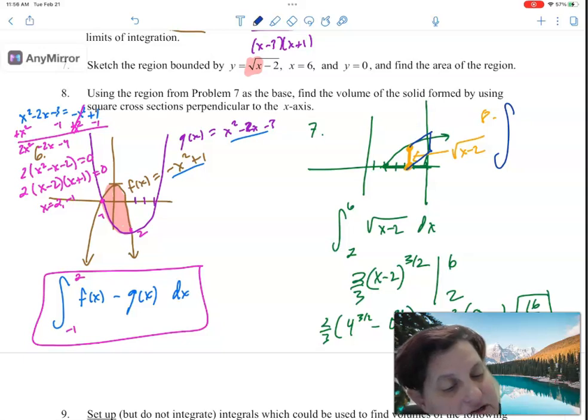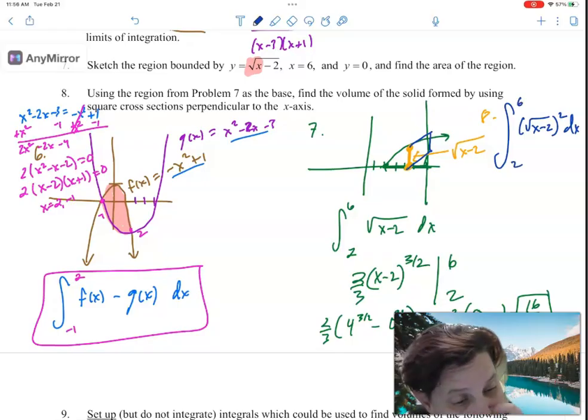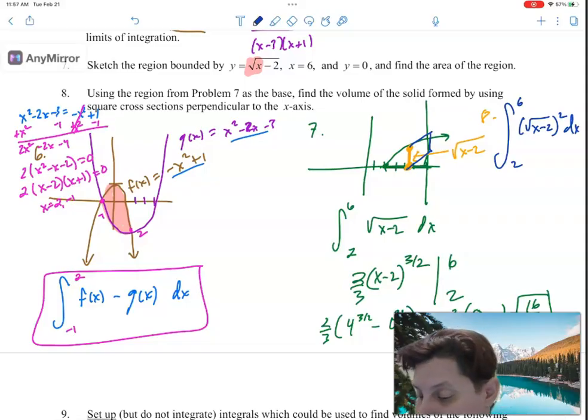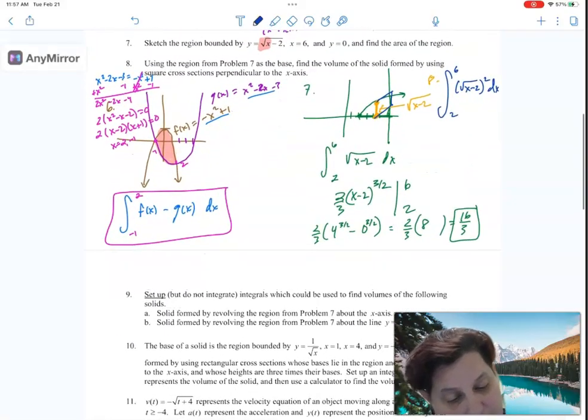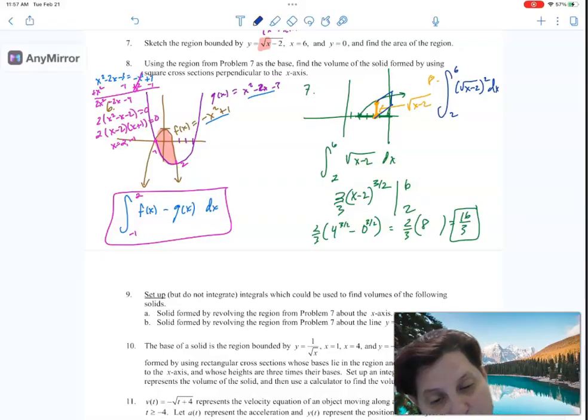Now, the area of a square is side squared, and I'm going from 2 to 6. Cool, perfect.